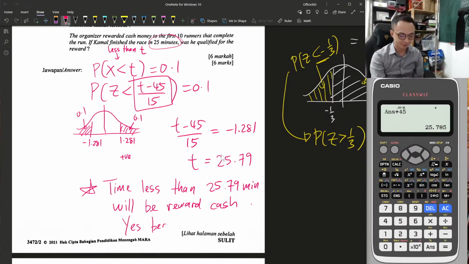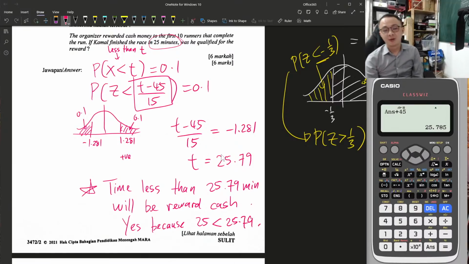Because 25 is less than 25.79. Okay, so why not more than or equal to? Because we can't be sharp about that time, right?